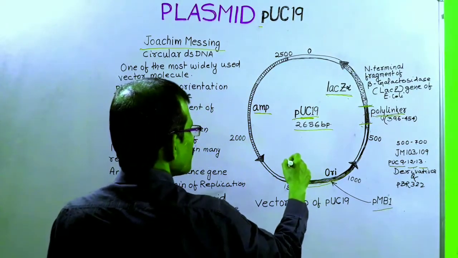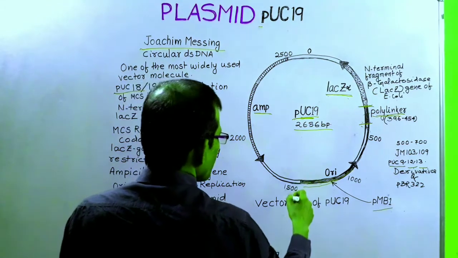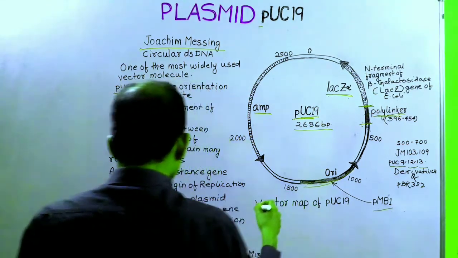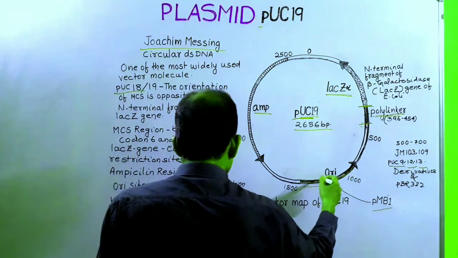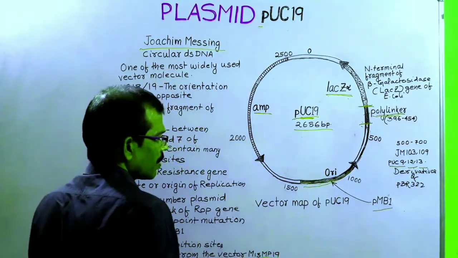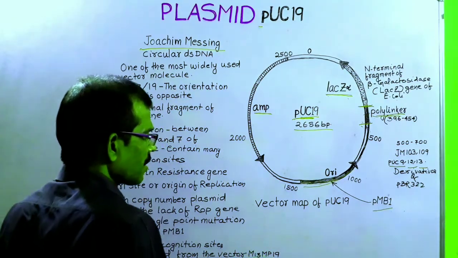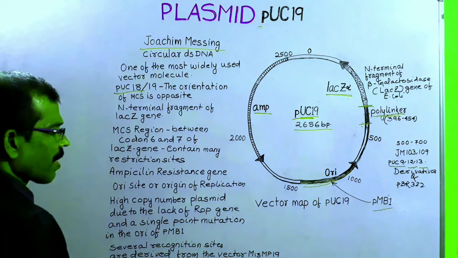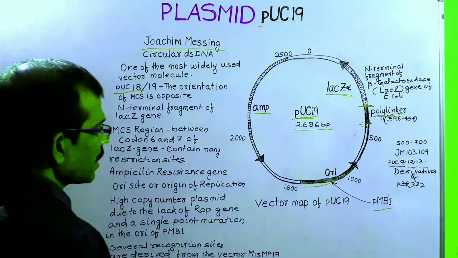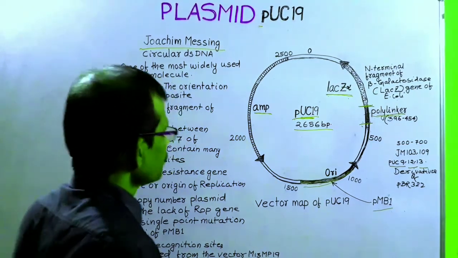Another reason behind this high copy number is a single point mutation that occurs in the origin of replication. pUC19 contains several restriction sites that are derived from the vector M13mp19.